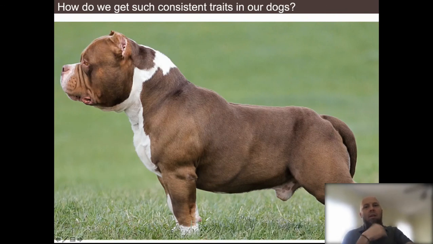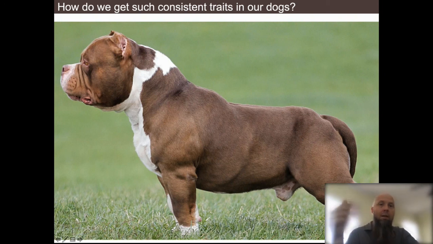So another example that we see quite frequently are purebred dogs that have been selected for very specific traits. So this bulldog has a very specific, short, muscular physique that is quite distinctive, right?